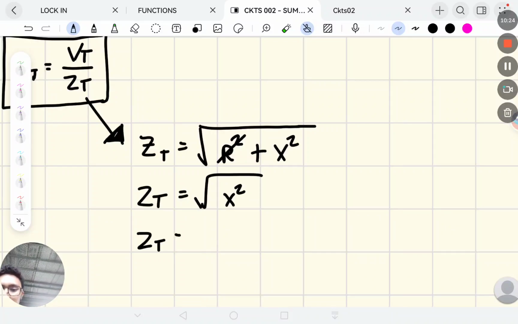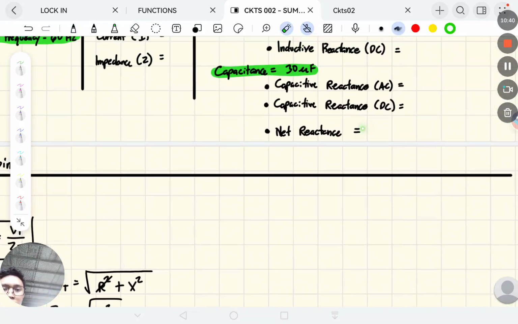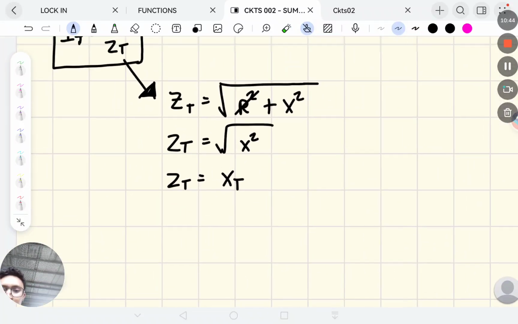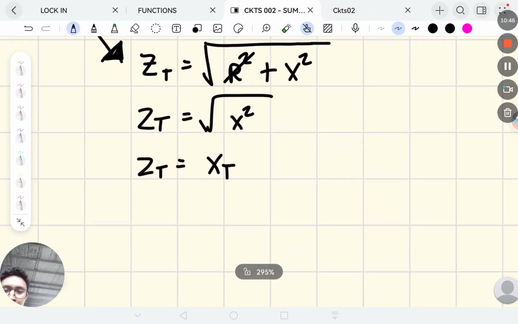So ZT is equals to XT. Anong XT? Yan ay net reactance, di ba? Net reactance yan. So sabi dito, total impedance is equivalent to total reactance.